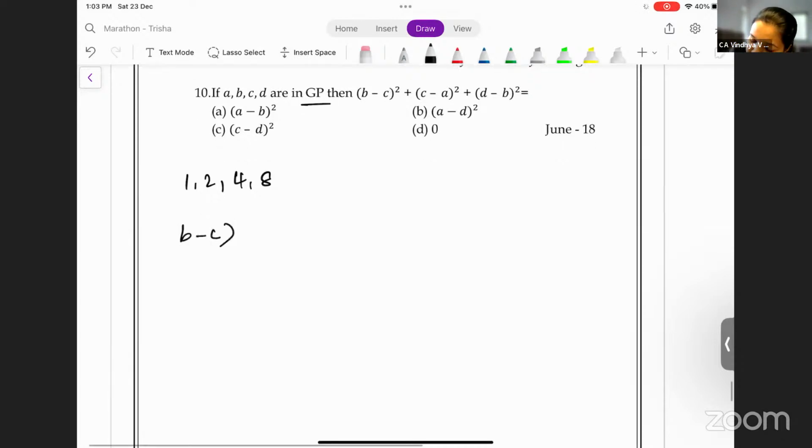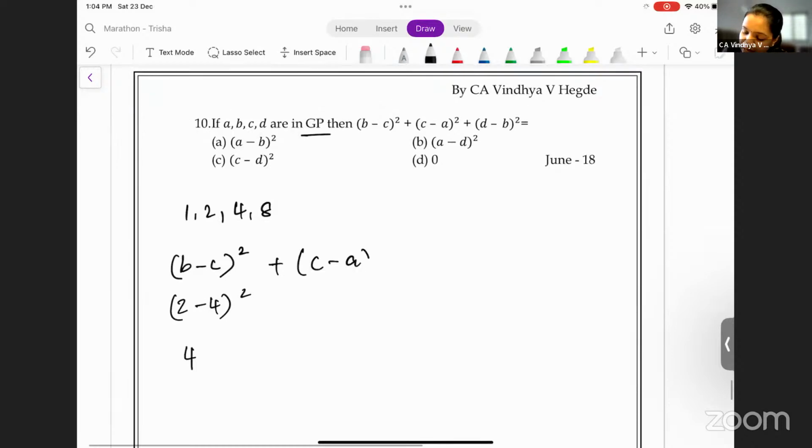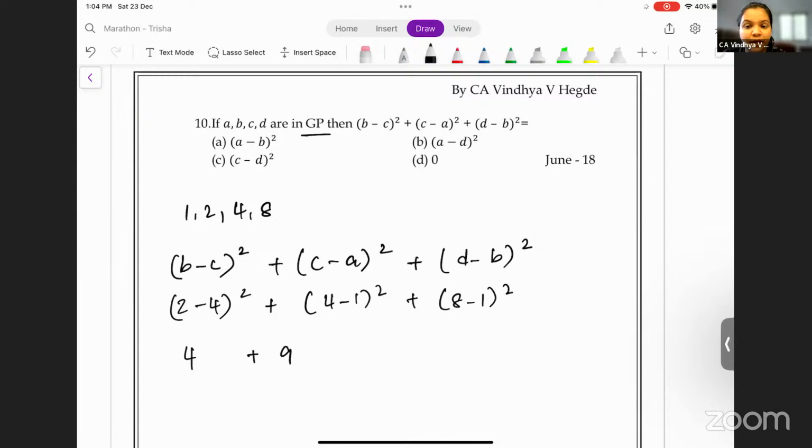So now what is B minus C the whole square? It is 2 minus 4 the whole square, correct? Minus 2 the whole square, that is plus 4, plus C minus A the whole square, that is 4 minus 1 the whole square, 3 square, that is 9, plus D minus B the whole square, that is 8 minus 2 the whole square, correct? 8 minus 2, 6. 6 square is 36.